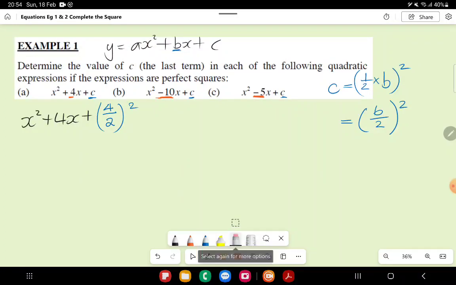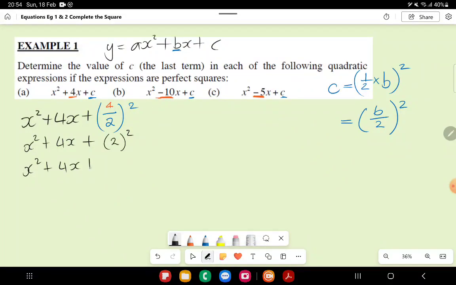Now I want to remind you, where did I get that 4 from? That 4 comes from here. So 4 over 2 squared, that is x squared plus 4x plus 4 divided by 2 is 2 squared. So it's x squared plus 4x plus 4. That's the answer to A.